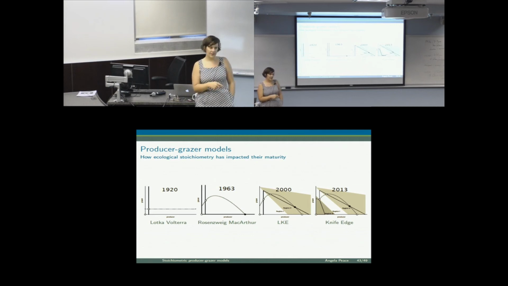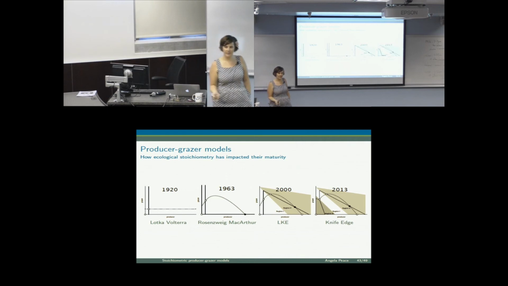And then in 2000, you start to see the influences from ecological stoichiometry in considering food quality. Here in this model, they considered low nutrient quality in their food, and you can see the grazer's nullcline now has a very different shape. It has a bend here that divides this phase space into 2 regions: one where growth is limited by food quantity, and one where growth is limited by food quality because of low phosphorus or low nutrient content of the food.